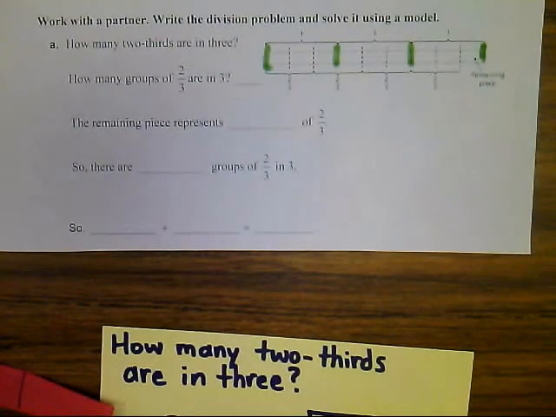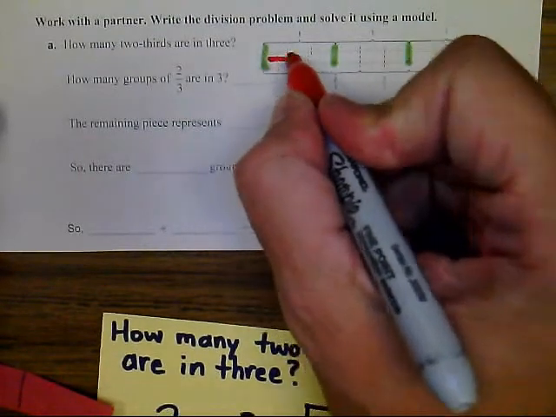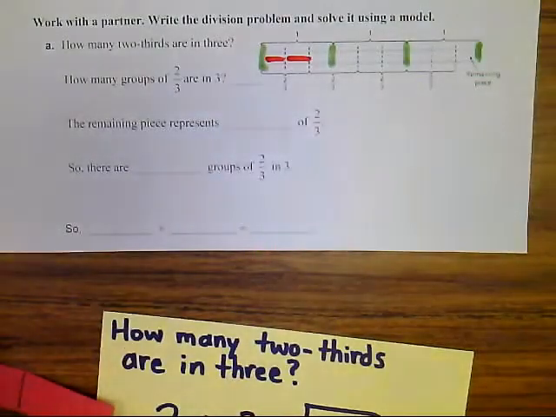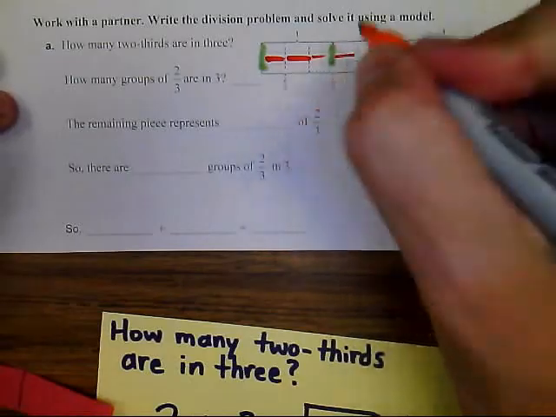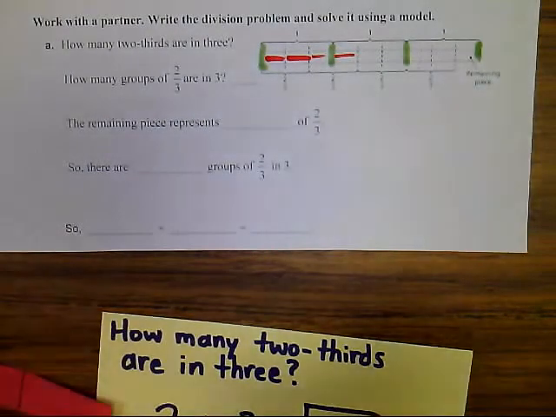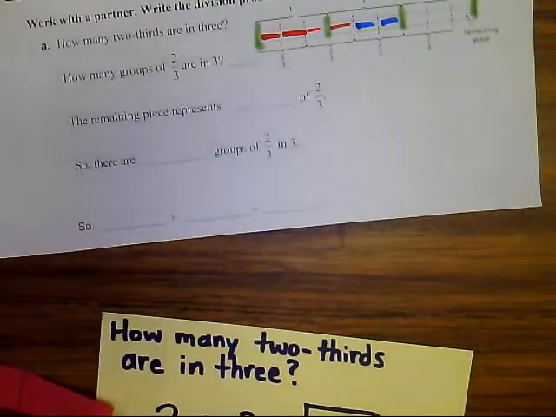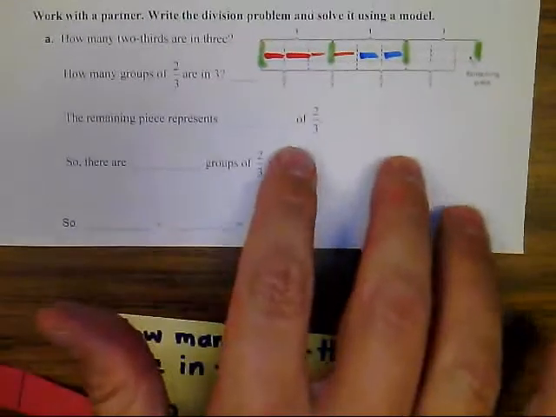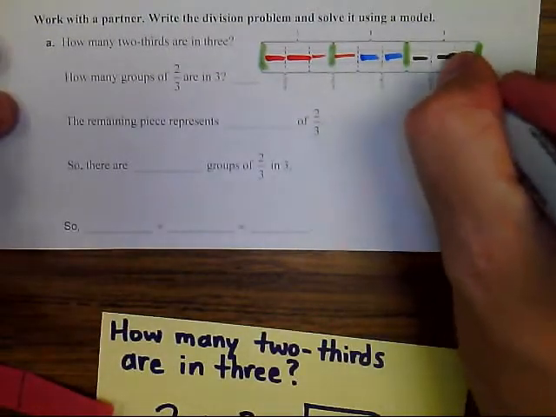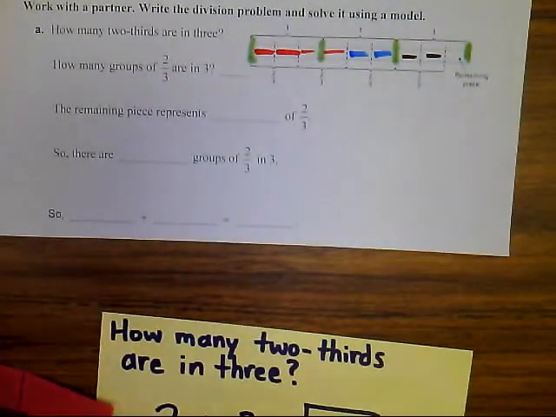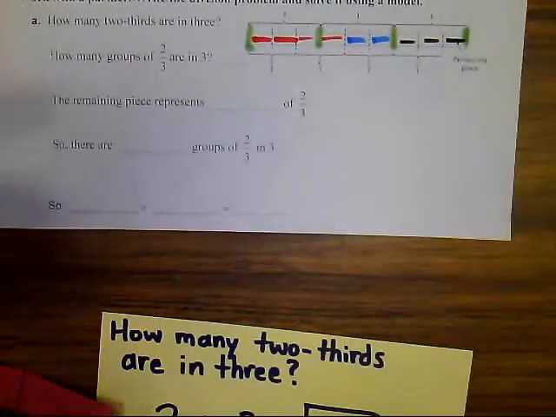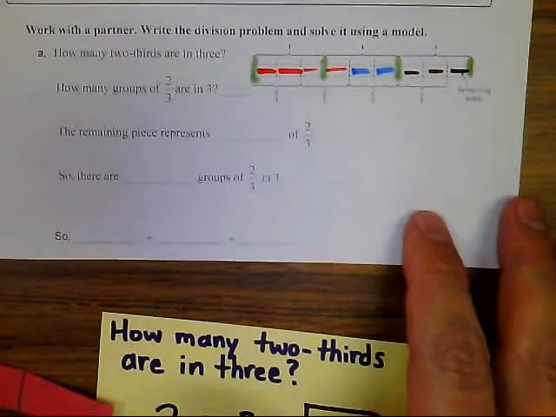And then you can see each of those groups is separated. Those 2 stay together, those 2 stay together, those 2 stay together, those 2 stay together, and then we've got this one little remaining piece here. You're going to have that on your screen as well.